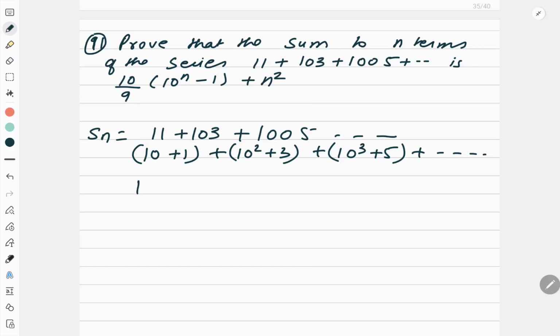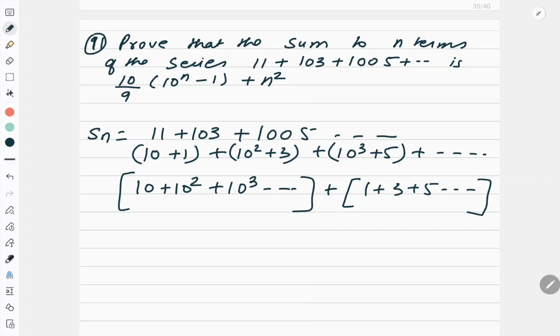Now 10 plus 10 square plus 10 cube and so on, plus 1 plus 3 plus 5 and so on. Now what is this? This is a GP. What type of GP? Where A is equal to 10 and R is also equal to 10.